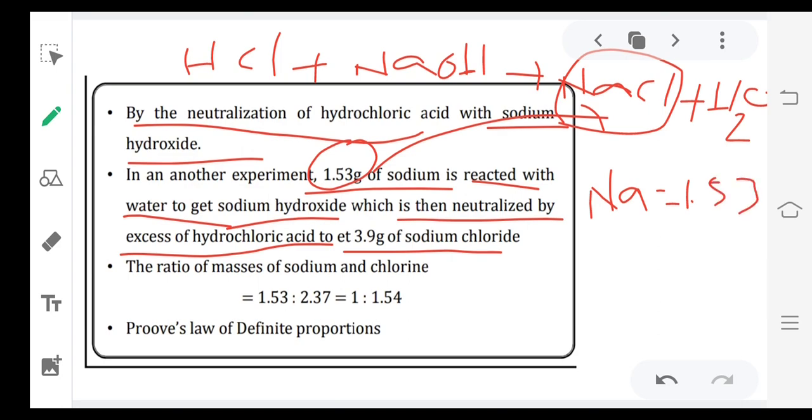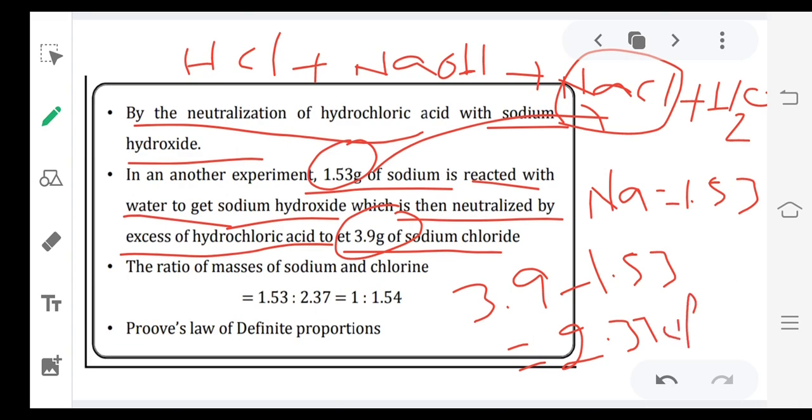And how do we get the chlorine mass? The compound sodium chloride is 3.9 grams minus the sodium mass, 1.53. If you do this, you will get 2.37. This 2.37 is the mass of chlorine in grams.